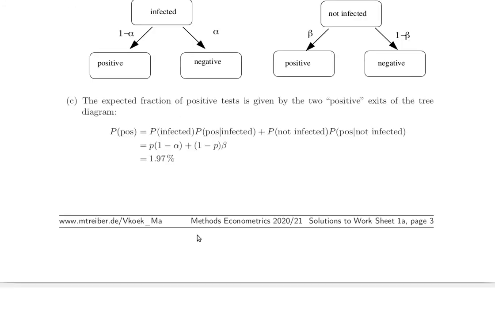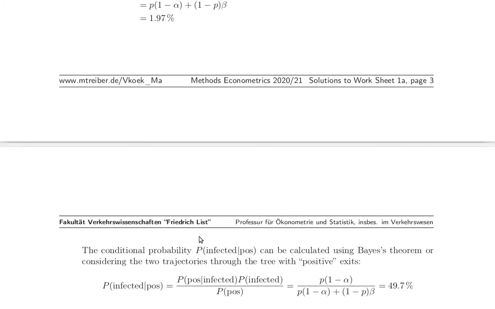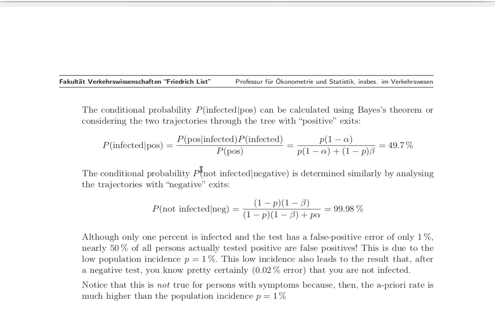Then we want to know, if you have a positive outcome, the probability that you are infected. So the theorem of Bayes says this is just the product of conditional probabilities in the numerator and the unconditional probability for a positive test, which we just calculated, in the denominator.